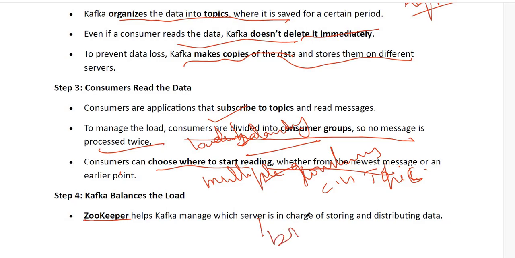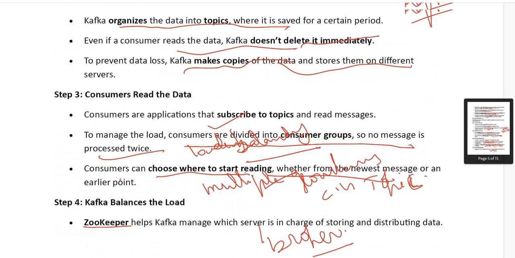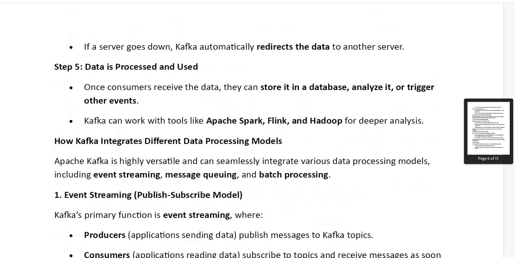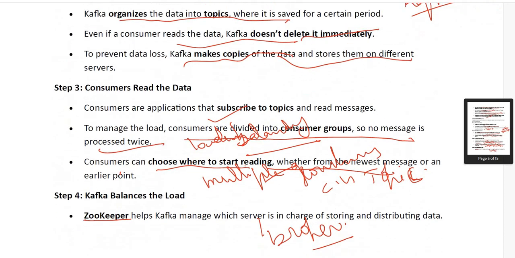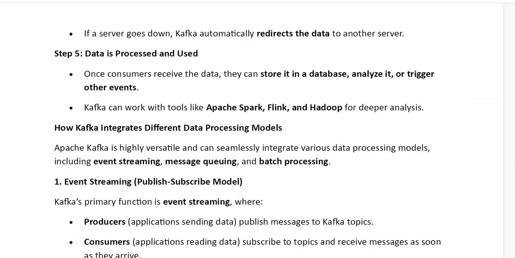The server is also called a broker here. So Zookeeper is a supermaster which can see which broker is working on what topic, and what kind of storing and distributing of the data, right? If a server goes down, Kafka automatically redirects the data to another server. This is the feature of distributivity.